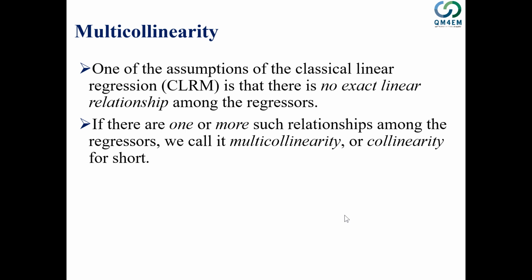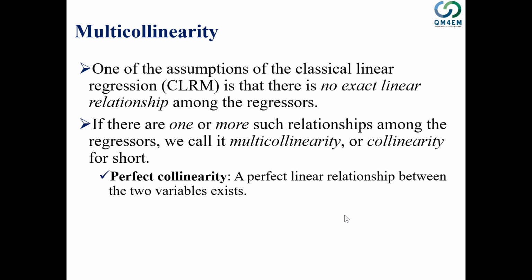But for this chapter and this course, we are going to use collinearity and multicollinearity interchangeably, and we will just call it multicollinearity irrespective of whether just two variables or more than two variables are correlated in the regression model. So there are two types of collinearity.